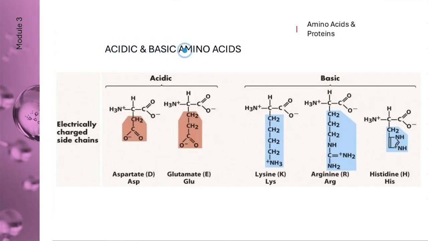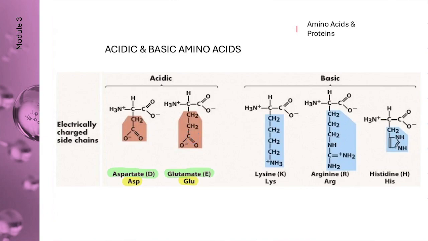There are just 2 acidic amino acids, and they are aspartate, like we considered, and aspartate has the letter D, and glutamate has the letter E. And of course, the 3-letters are ASP, GLU. So aspartate and glutamate form the acidic amino acids.